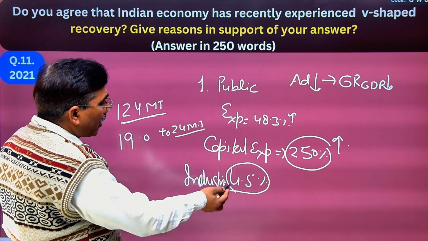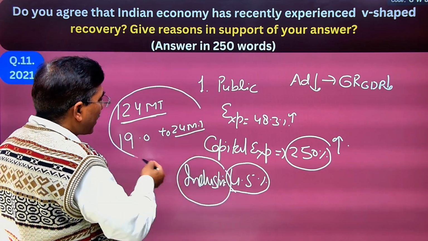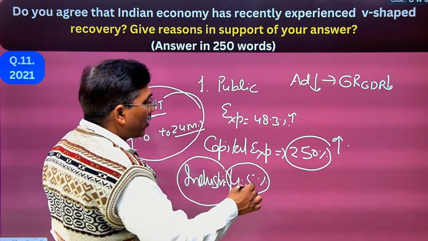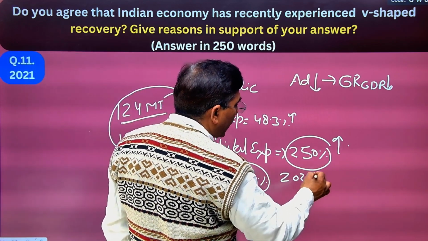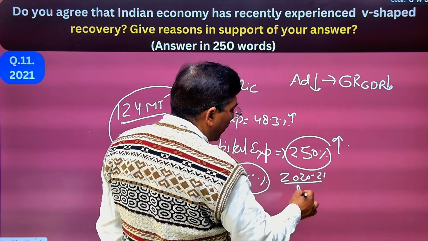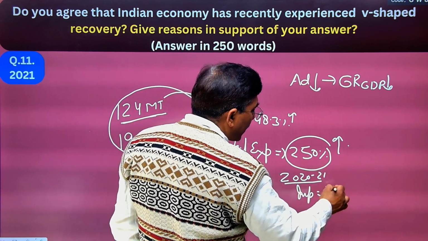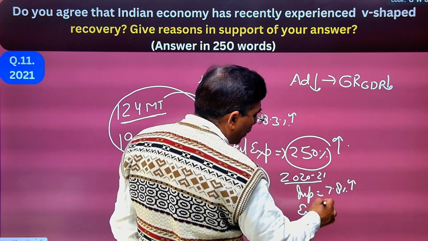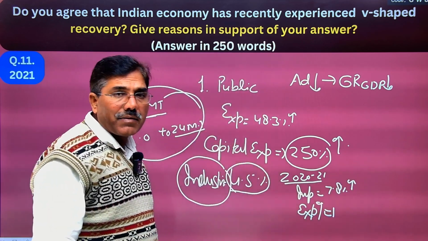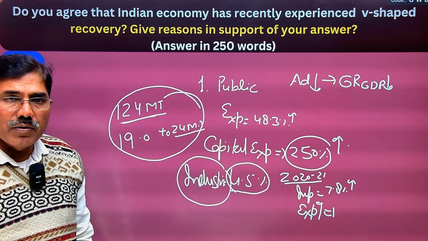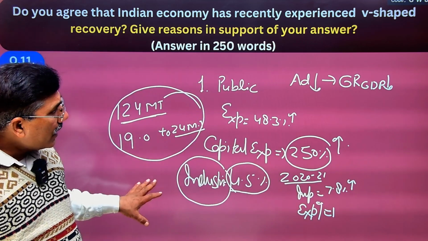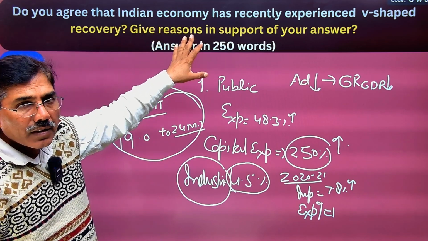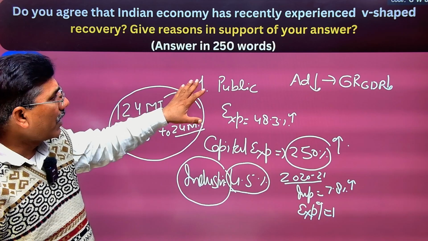Similarly, in trade and services in the 2020-21 financial year, imports increased by 7.8%, and exports also increased, meaning trade activity began to reverse from negative to positive. All these factors were responsible for the V-shaped recovery in our economy.